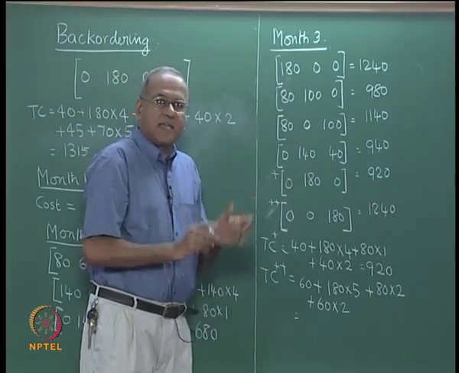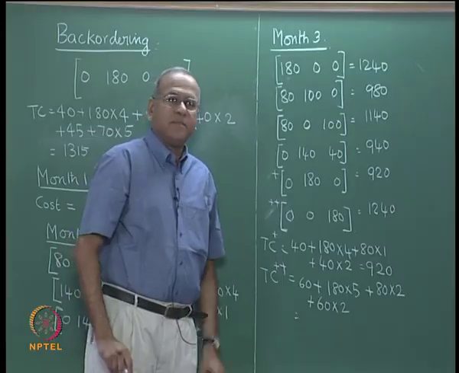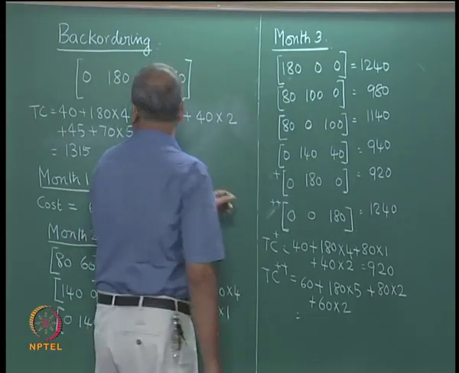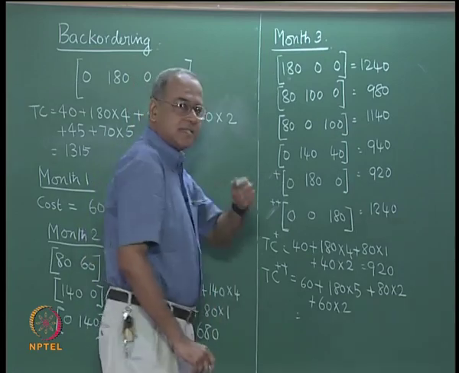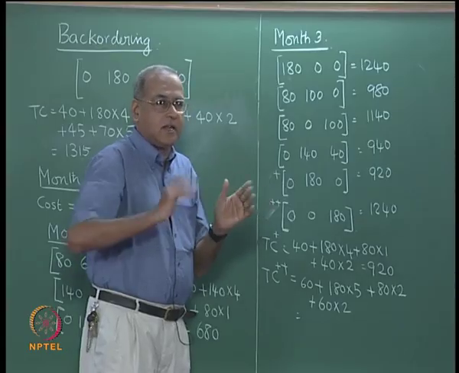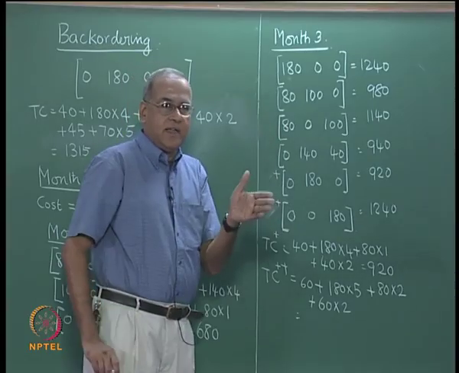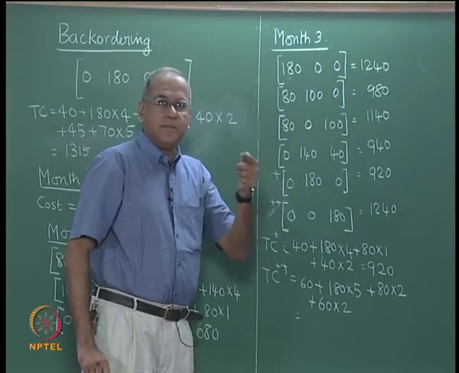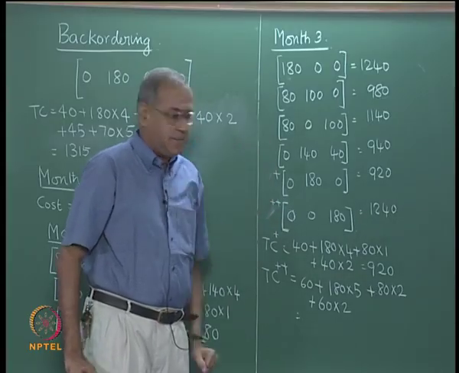So, 100 is carried at the end of the first month. So, 100 into inventory cost of 2, plus another 40 is carried at the end of the second month. So, 40 into 2. So, when we do the inventory calculation, we take the inventory at the end of that month and then multiply by the inventory cost given for that period.